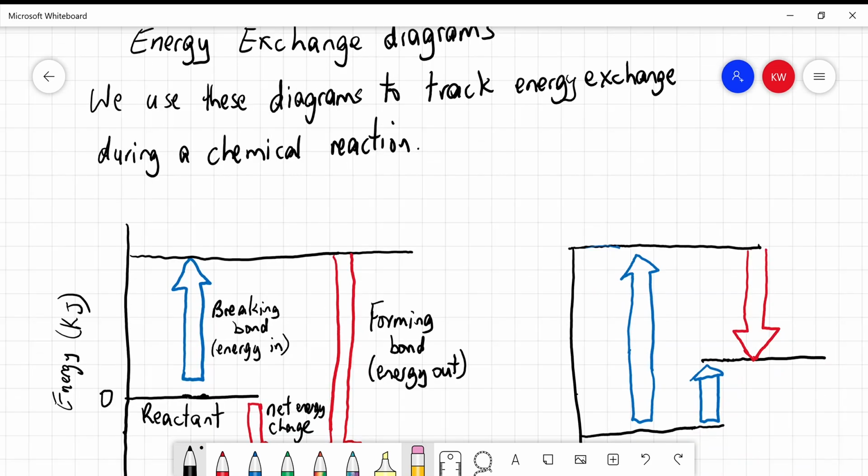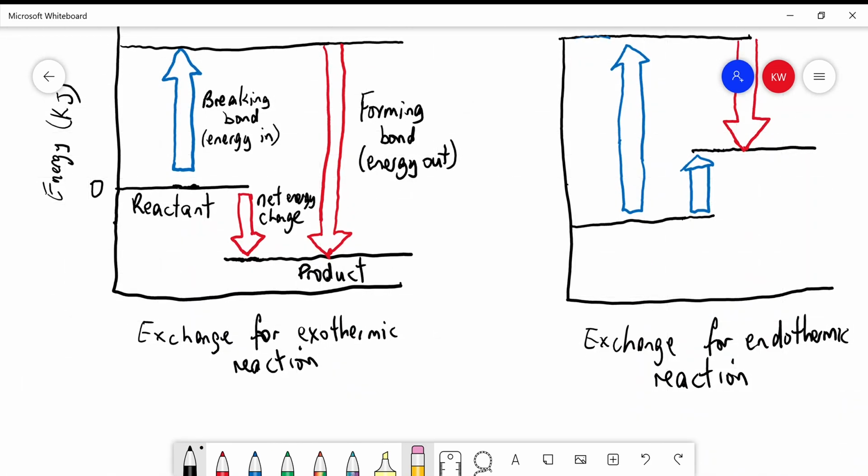First, we're going to look at the exchange for an exothermic reaction. We always start with our reactant at 0. So we draw a line for the reactant start at 0, and we're breaking bonds. Remember, we always have to break bonds first.